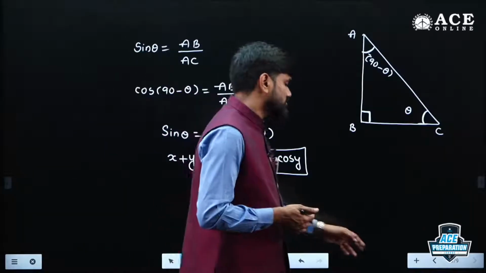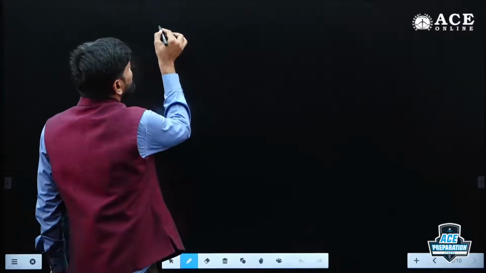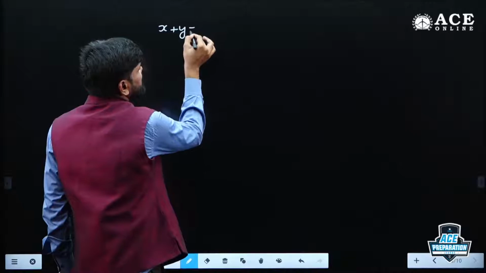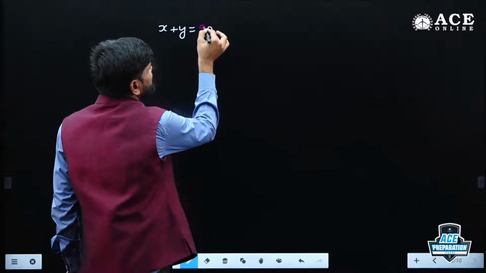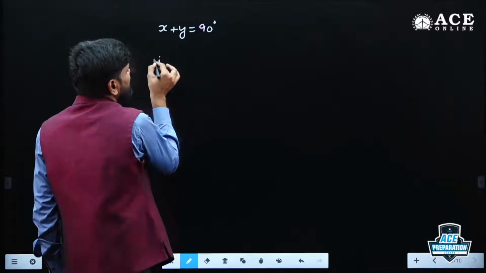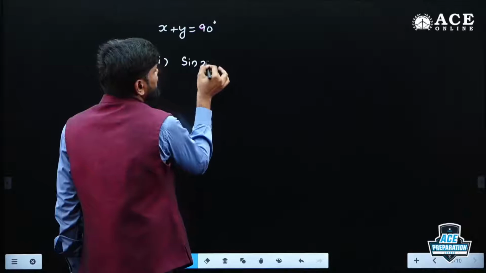Before that, let us check out some more things over here. So here, when x plus y is equal to 90 degrees, in such a case, one, sin x will be equal to cos y.